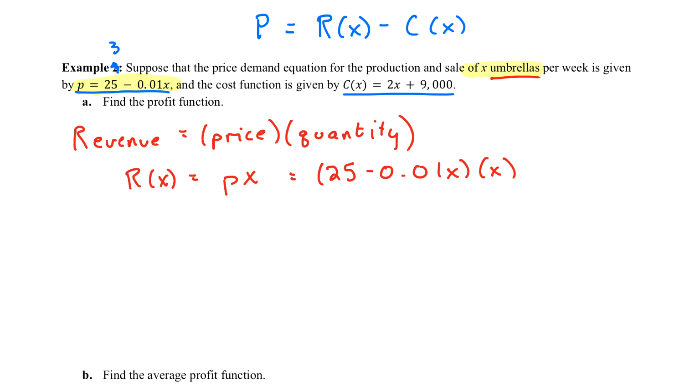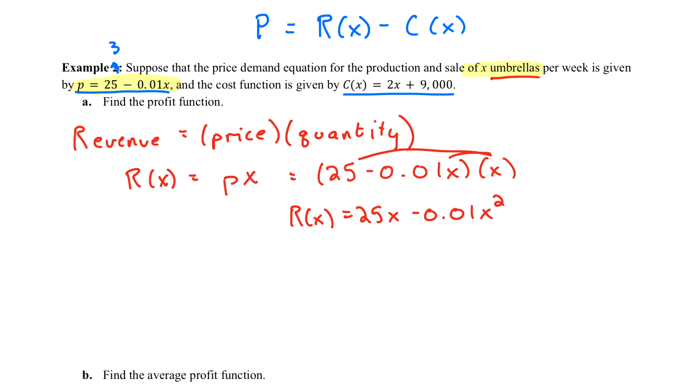So I have the price here, 25 minus 0.01x, times the quantity, which is just x. This is relatively easy to simplify. We just need to distribute here. We end up with R of X equals 25x minus 0.01x squared. So there's our revenue function.